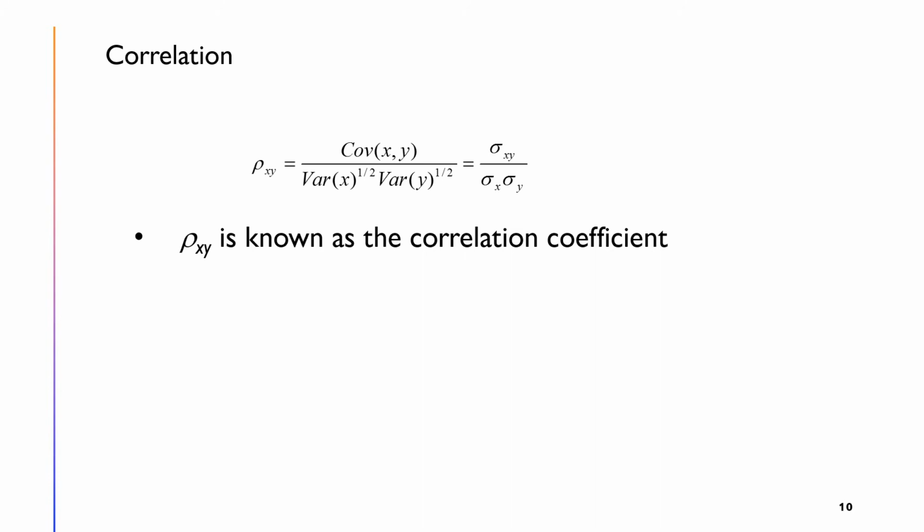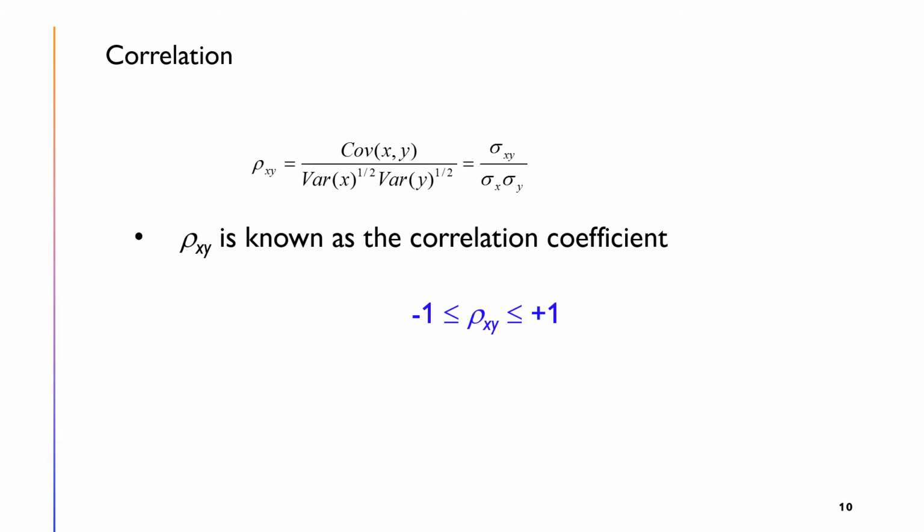From the formula, you can see that the correlation coefficient is calculated by standardizing the covariance by the product of the individual standard deviation. Correlation coefficient can vary only in the range of -1 to +1. If two series tend to vary in the same direction, they are positively correlated.